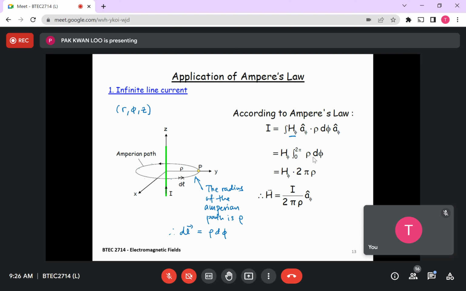So this d phi here is in the phi cap direction, the counterclockwise direction, looking from the top.